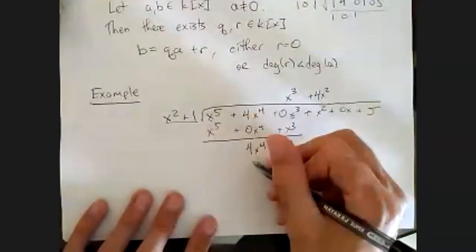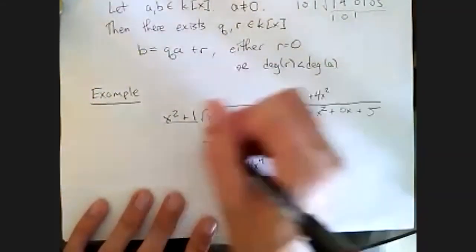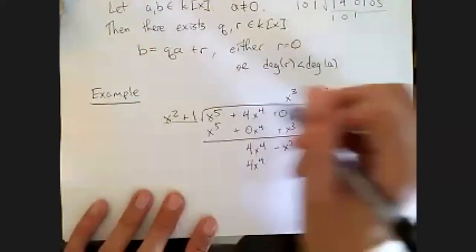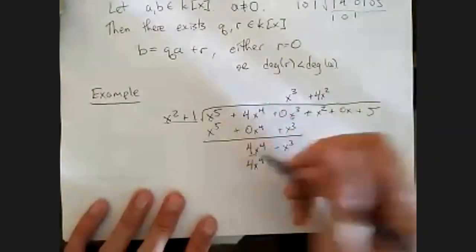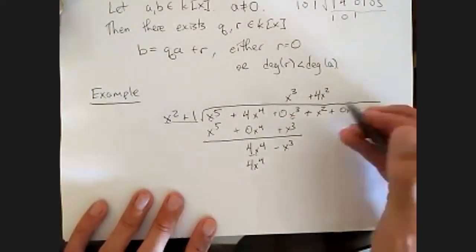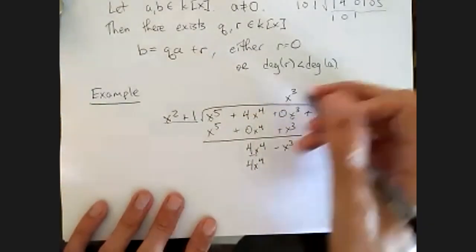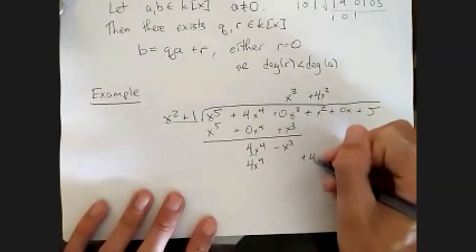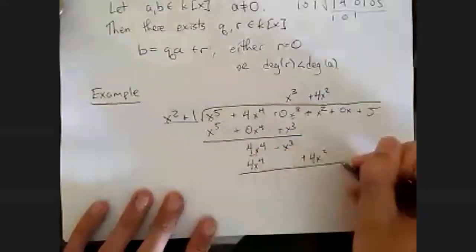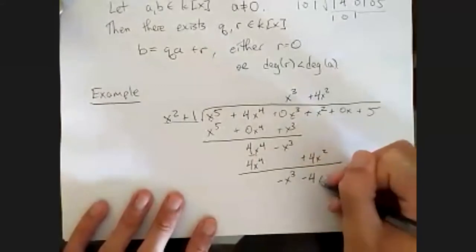I multiply, always choosing the term to match up with the highest term, so that the constants match up with this constant. Then I get plus 0x cubed, and then plus 4x squared.